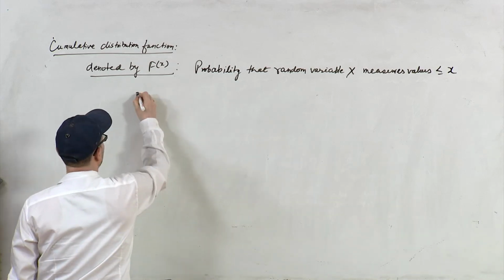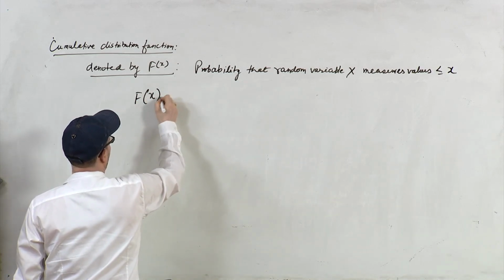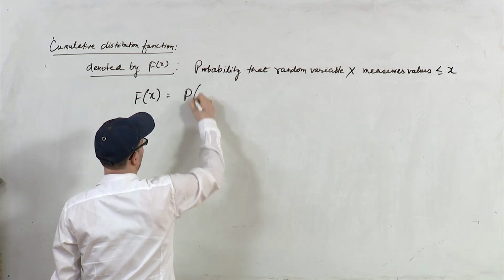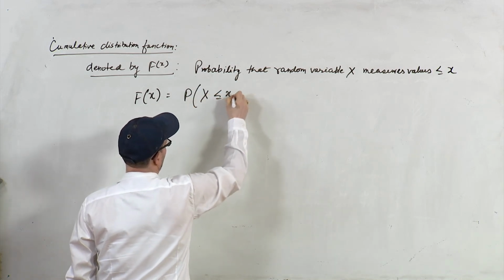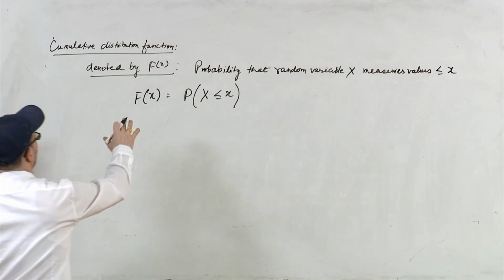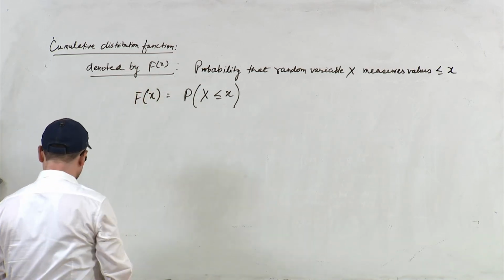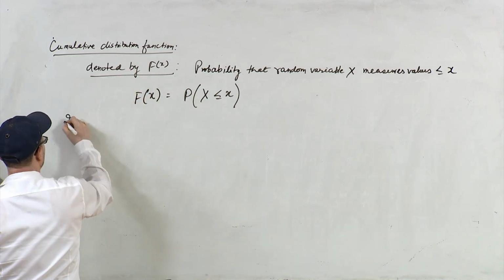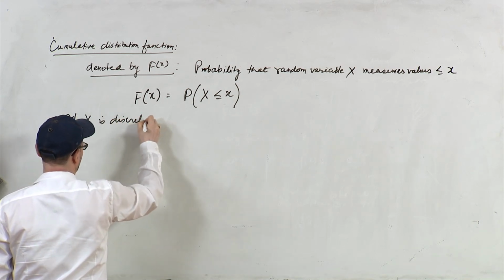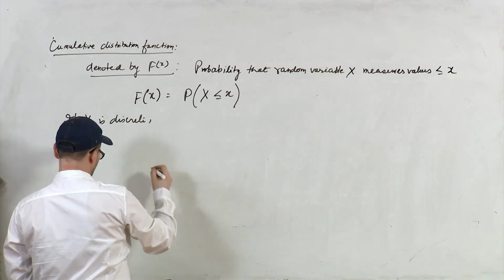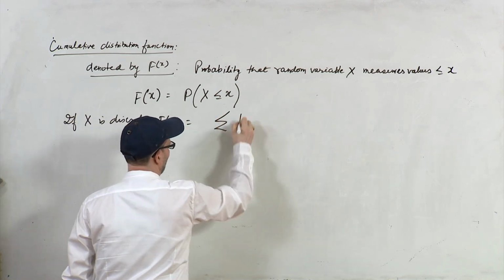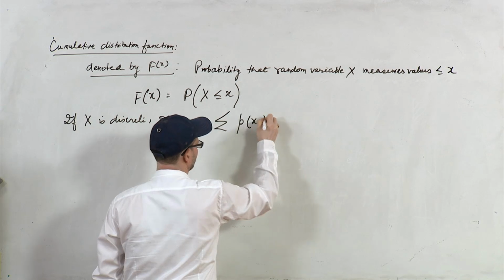So, F(x) will be the probability that X is less than or equal to x. That is what the cumulative distribution function is. If X is discrete, as we discussed, it will be the summation of all the probability values.